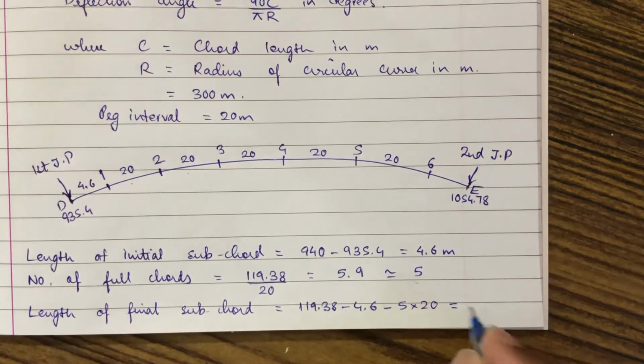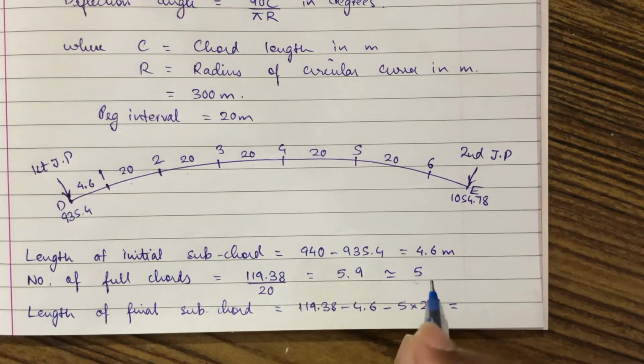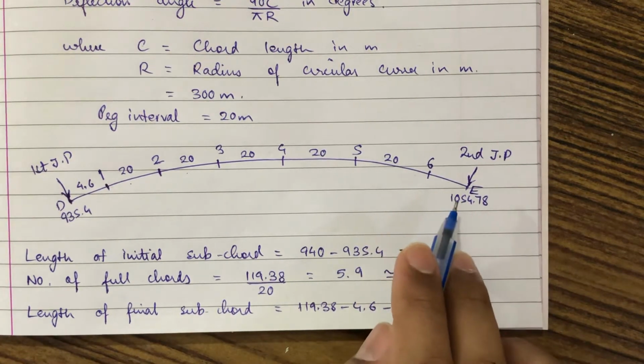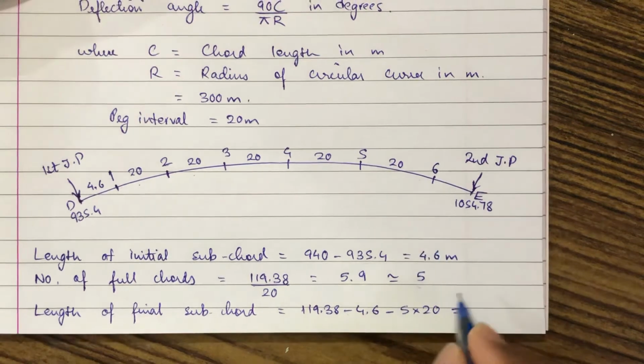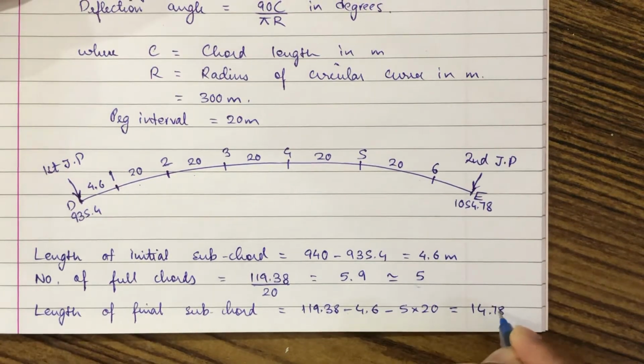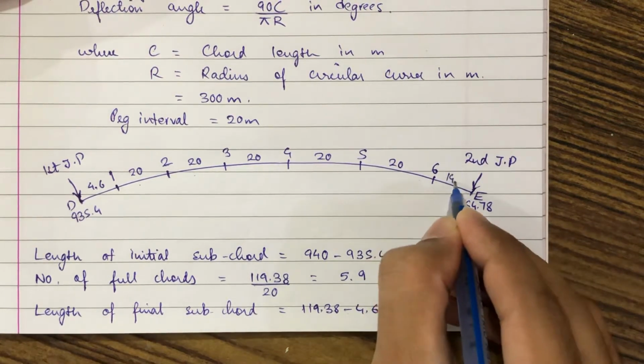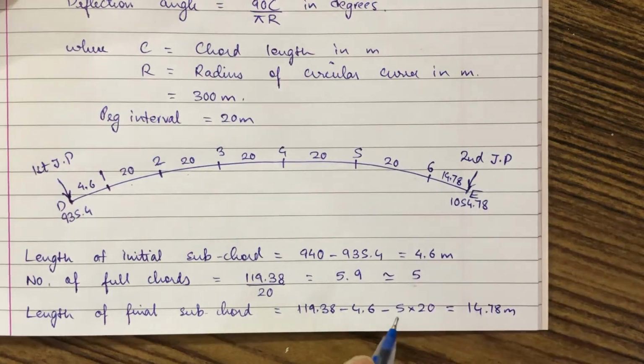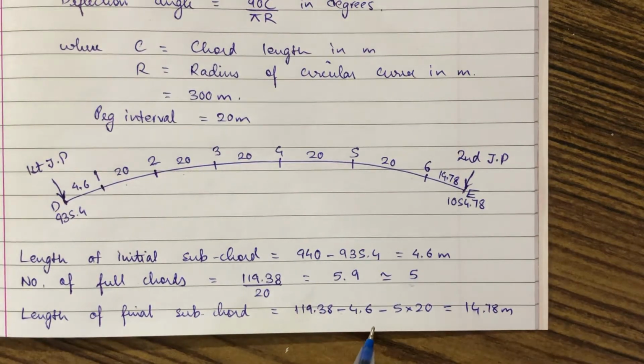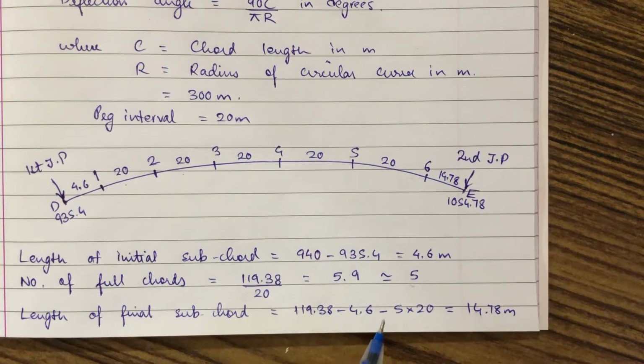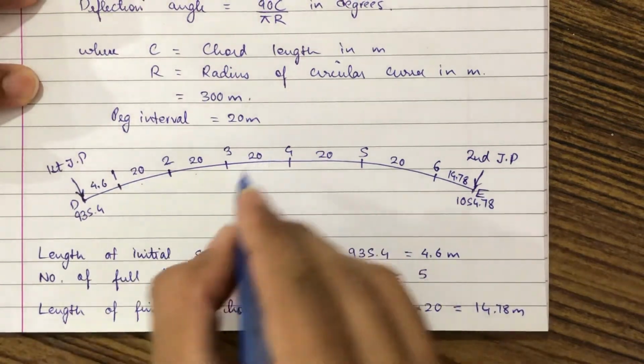So the length of the last chord or final subchord is given as 14.78 meter. Hence, how many chords are there? There are total 7 chords.